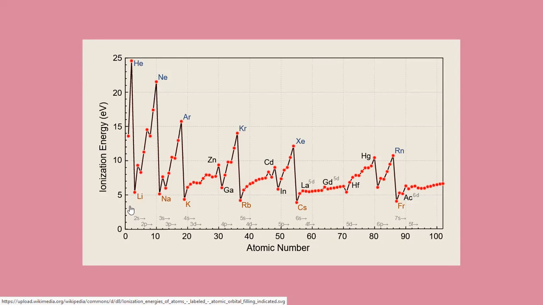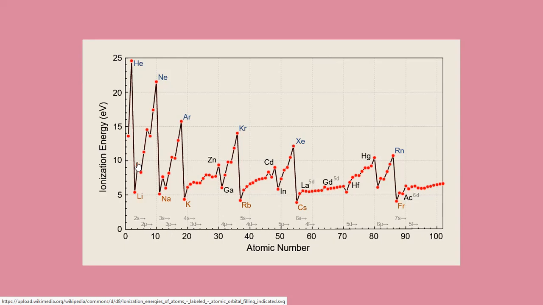So let's go back. Lithium to beryllium, there's an increase. Boron, carbon, nitrogen, and oxygen, fluorine, neon. In all these cases, there is an increase, but beryllium and nitrogen are relatively higher than the atom beside them because these two have half-filled in case of nitrogen and completely filled in case of beryllium.